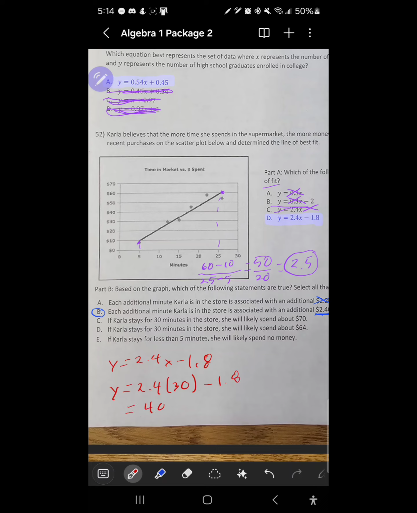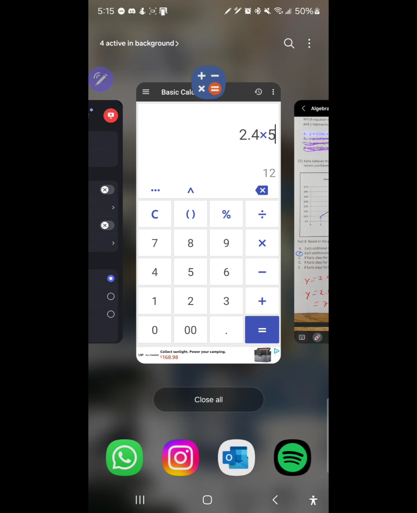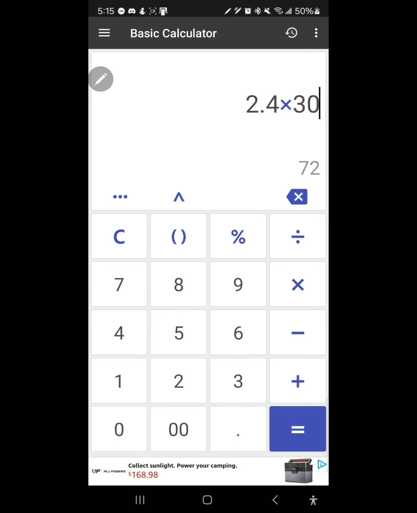Oh, no, wait. I made a mistake. I'm sorry. 72 minus 1.8. And this is approximately 70.2.